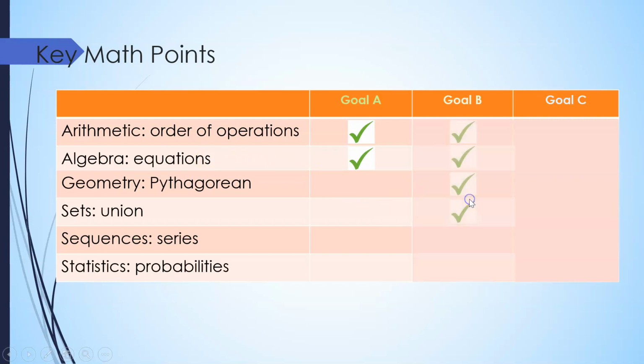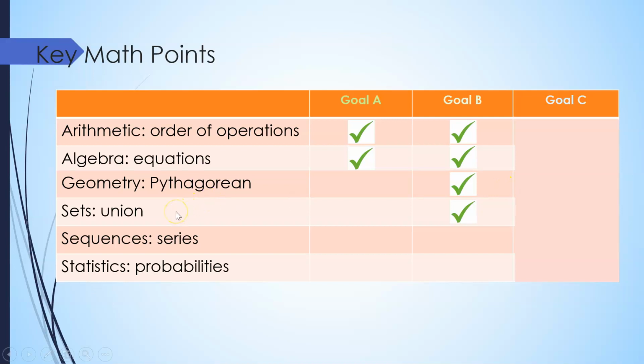For goal B, on top of arithmetic and algebra, we need an understanding of geometry, such as the Pythagorean theorem, triangles and squares, and how to calculate their perimeters and areas.